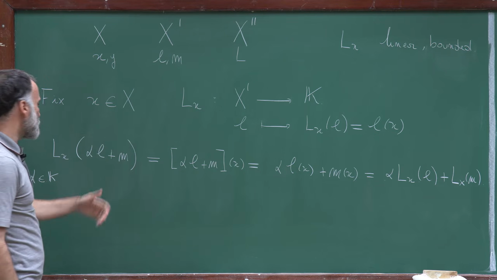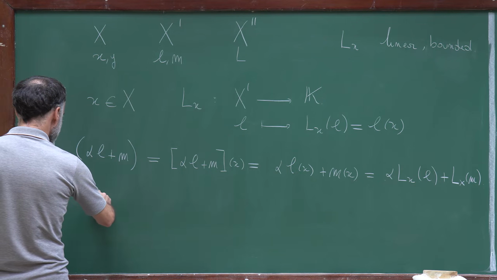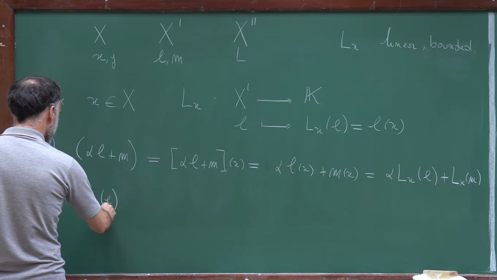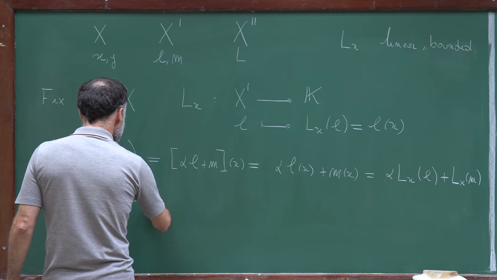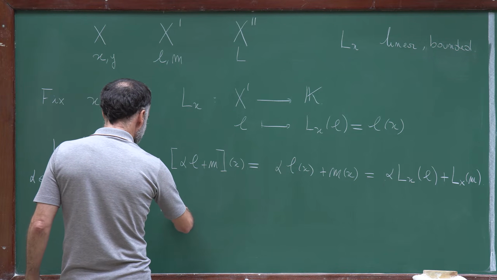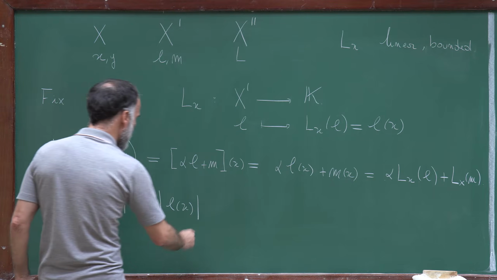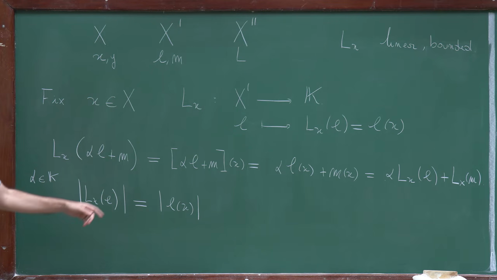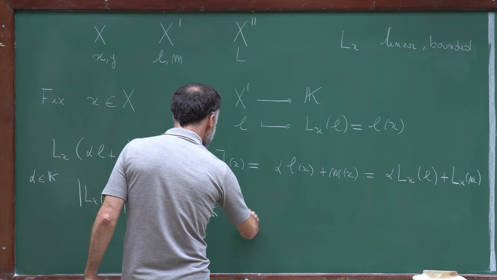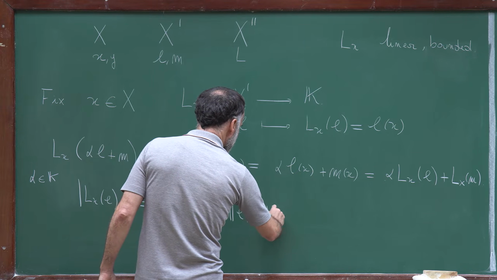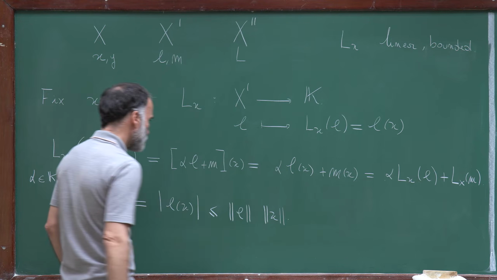And now to show that it's bounded, well, let's compute the absolute value of Lx of l. So this is, by definition, |l(x)|. Now, by definition of the norm of l, this is bounded by the norm of l multiplying the norm of x.